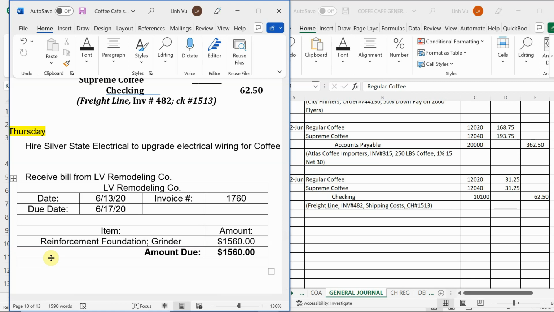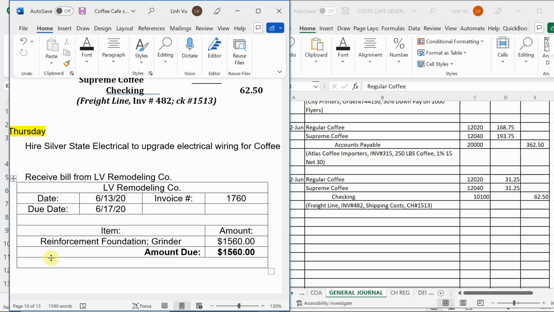We hired them specifically to do work for the grinder because the grinder needed to be reinforced. The foundation needs to be on a stable table, so we needed to bind it to the table. So in this case, that had to cost money because this is a direct cost to the actual asset itself.